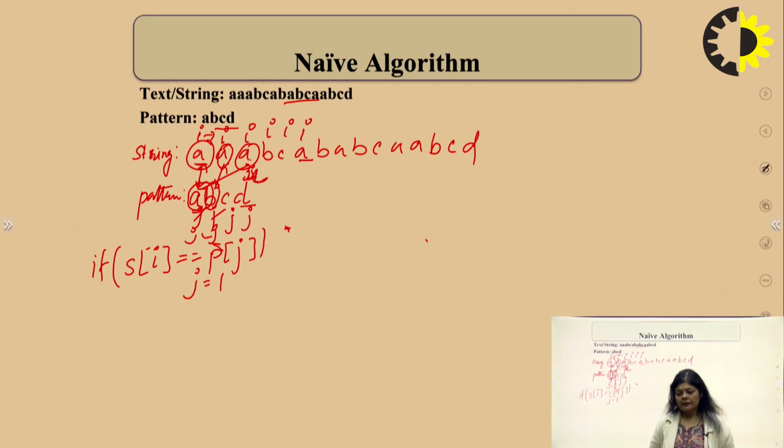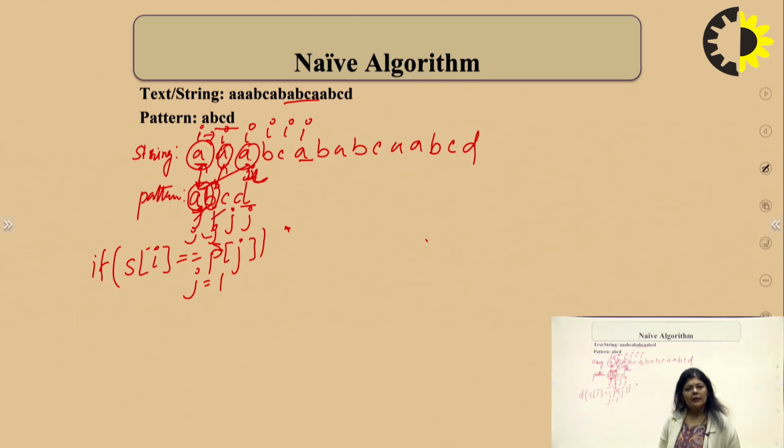And what is the time complexity of this algorithm? As we know, how many comparisons the algorithm makes depends on the length of the pattern as well as of the string. And in this case, the algorithm reverts back or resets to the initial position of the string as well as of the pattern.